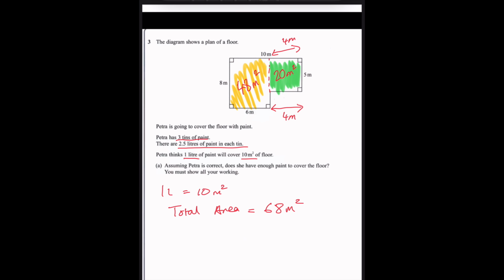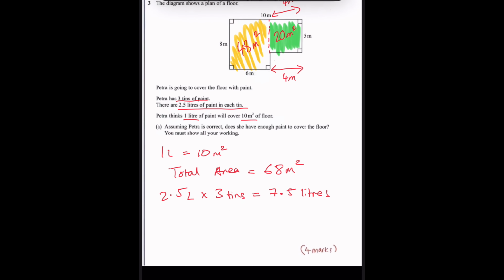Okay, and she says she has 2.5 liters in each tin, and she has 3 tins. So 2.5 liters times 3 tins gives us 7.5 liters in total. Okay, if 1 liter equals 10 meters squared, I have 7.5 liters.